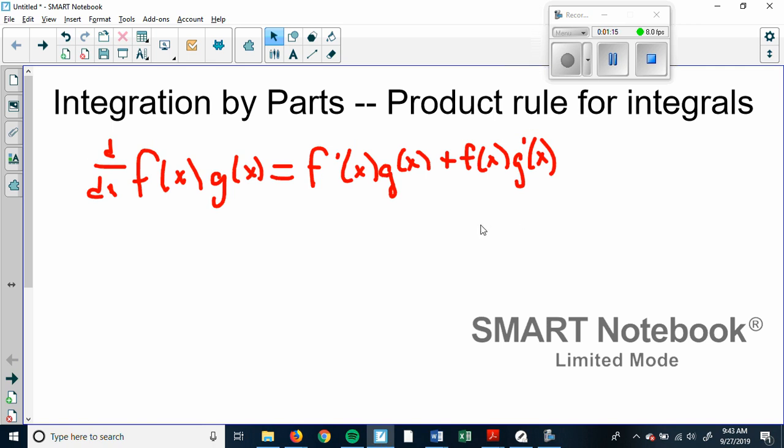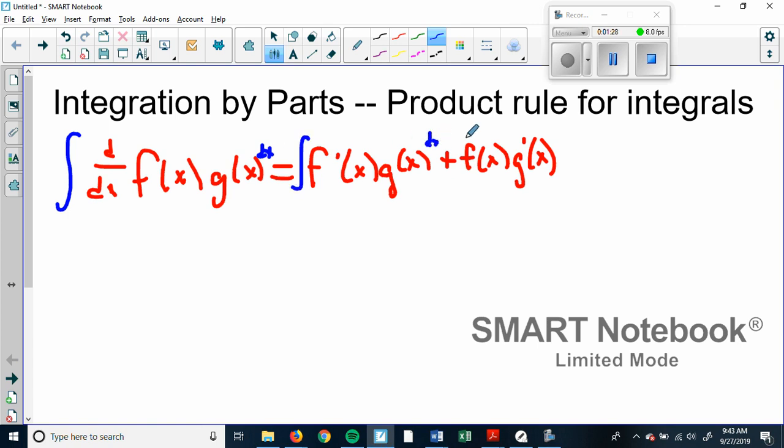So let's do some work here. Let's integrate. We're going to integrate, so we'll put a dx in here. So that means we have to integrate here dx, and we have to integrate here dx. And through the magic of television, we get this.